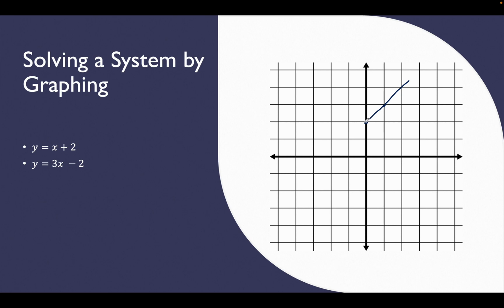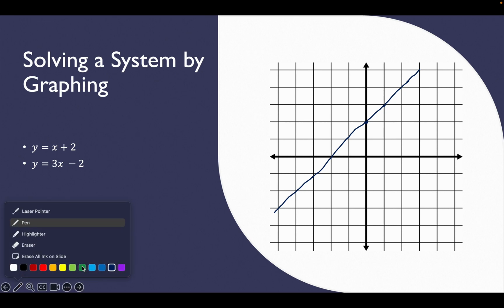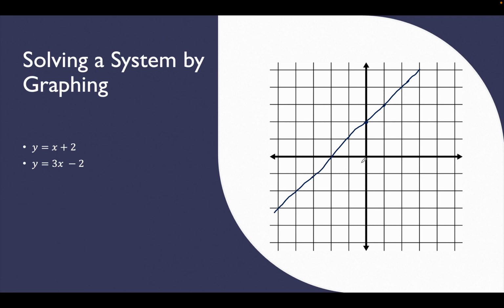I have to be careful when I am drawing this because I will not be able to solve it if I don't get the line pretty close to accurate. Then at -2, 0 is where the next line is, let's use a different color for this. At -2, it crosses right here.